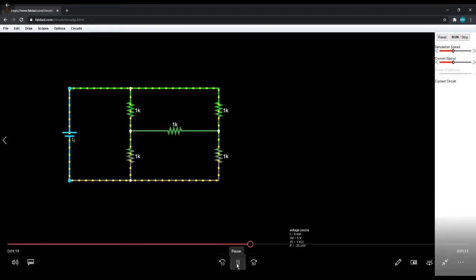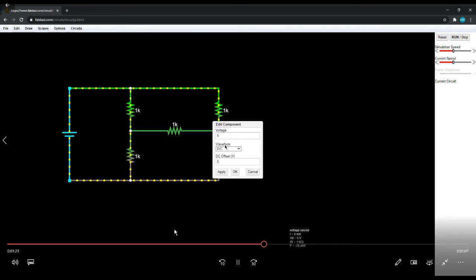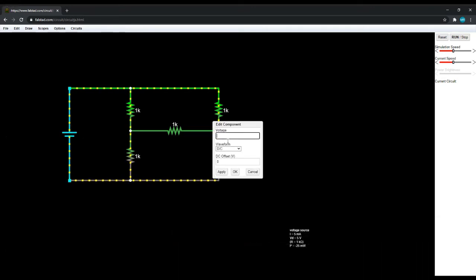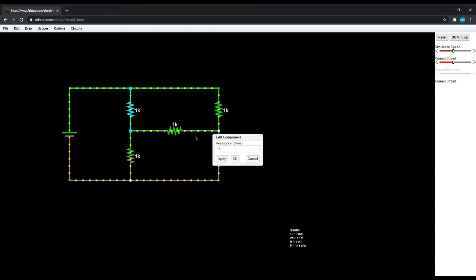And then you can set the value, which is the voltage source 24. R1 is 330 ohm.